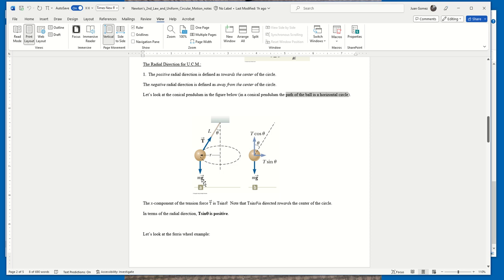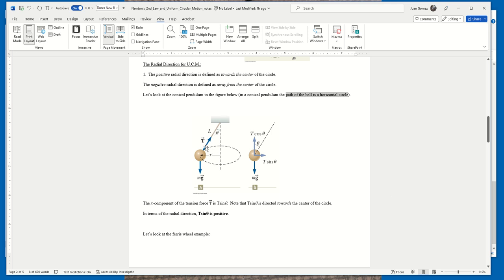Again, the only two forces acting on the ball are mg and T. L is simply the length of the string, from where the string is attached to the support to where it's attached to the ball. Notice the tension force, and theta is the angle that the string makes with respect to the vertical. For UCM, no matter where the ball is on this horizontal circle, angle theta will not change. L does not change, obviously R does not change.